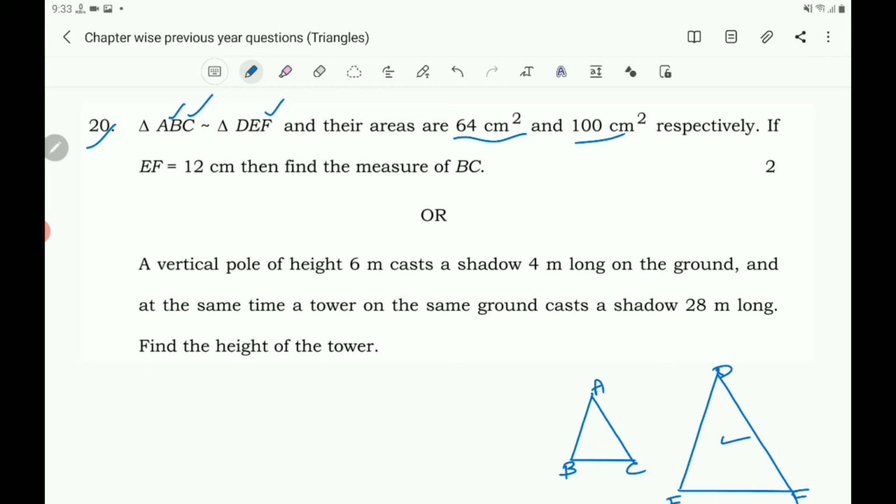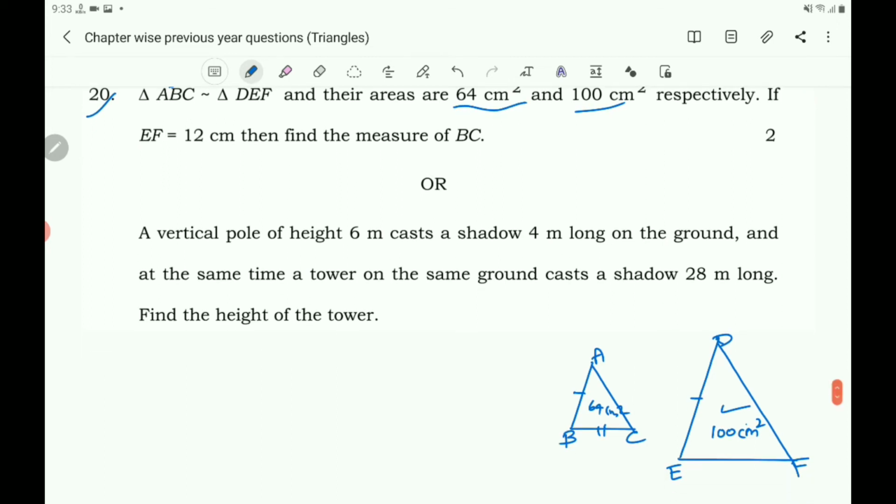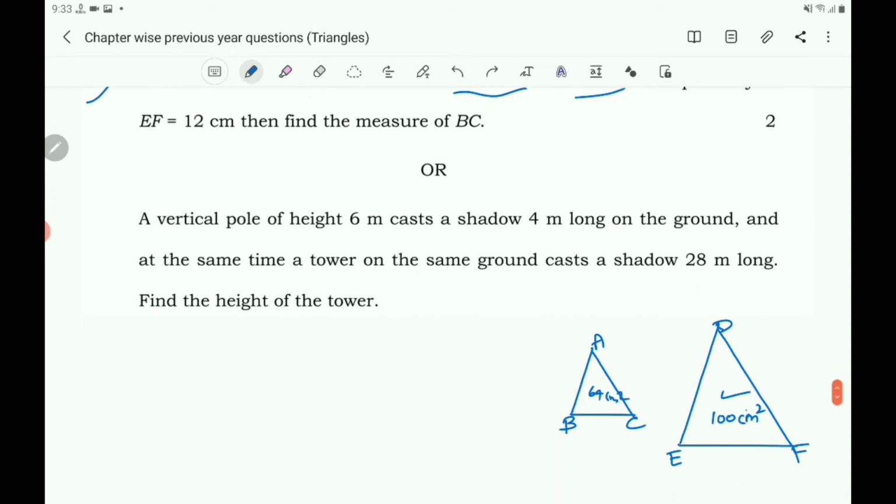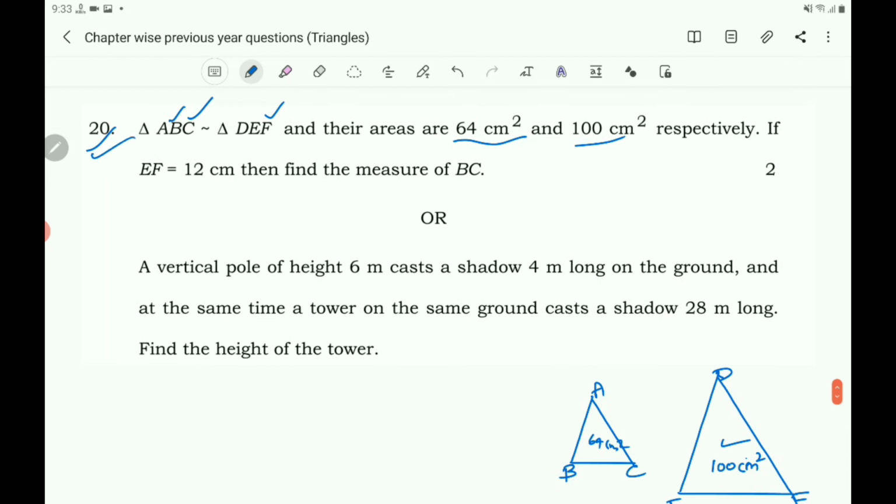Their areas are 64 cm square and 100 cm square, and here this is one pair of corresponding sides, BC and EF is the second pair of corresponding sides, and AC and DF are the third pair of corresponding sides. Now you write that here you have taken the first question, and now let us take the choice question afterwards.